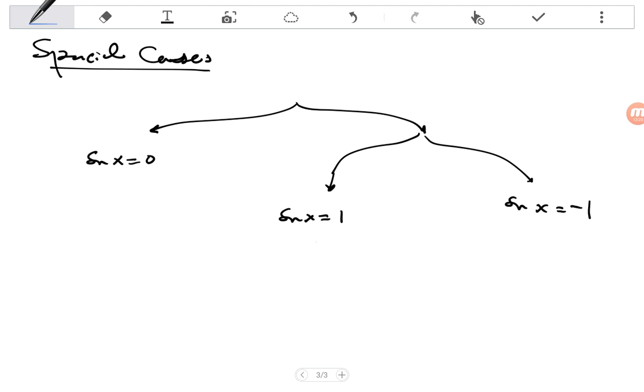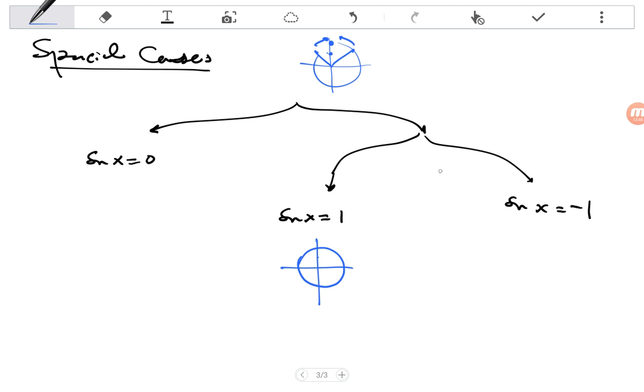just similar to each other. But in this case, for sine x equal to 1, we have learned before that we have always 2 basic angles, this angle and this one. So when we move alpha to be 1, these 2 basic angles will merge together to be just one basic angle.